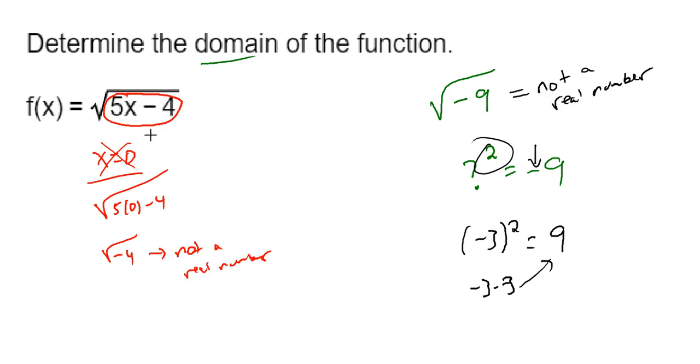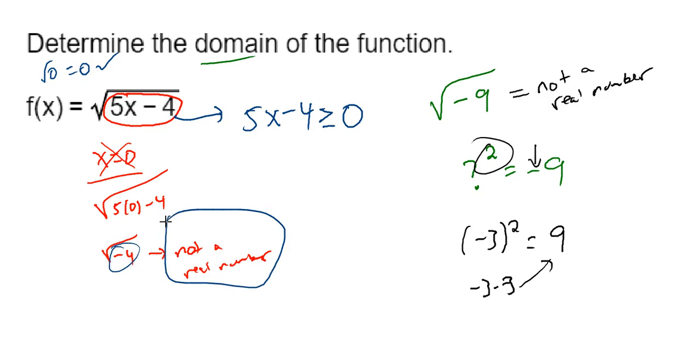You want to take whatever expression is inside the radical, which is 5x minus 4. And what has to be true about this for it to have a resolution is it has to be positive. Or it could be as low as 0, right? If I get 0 in my square root, the square root of 0 is 0. It has a resolution. But if I get a negative in my square root, it doesn't have a resolution.